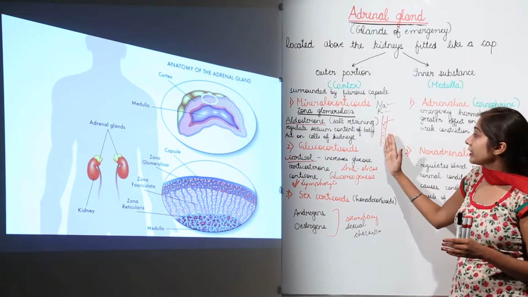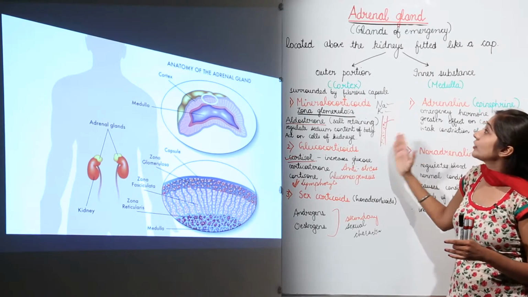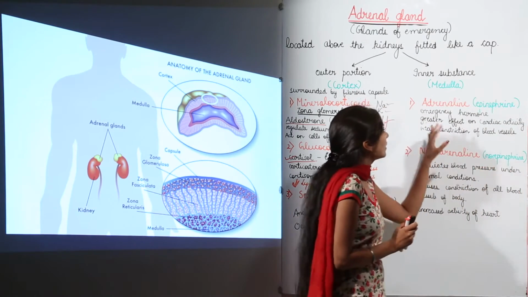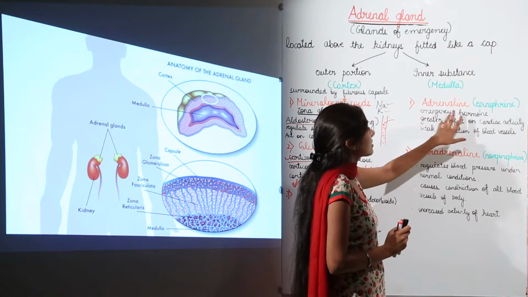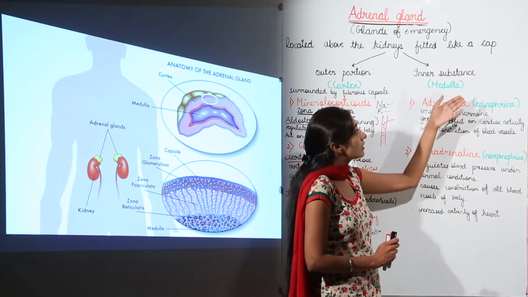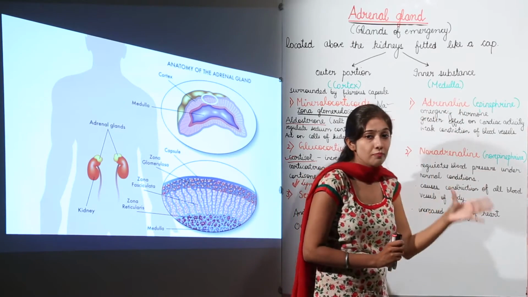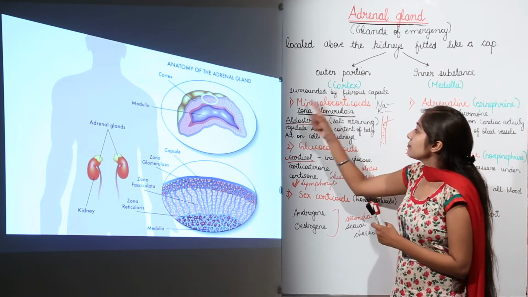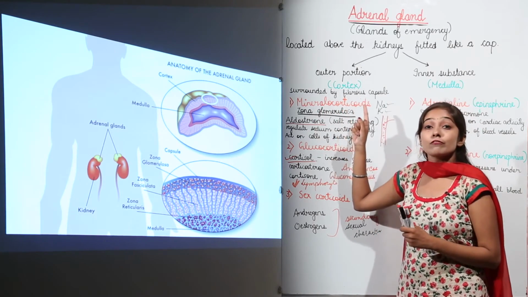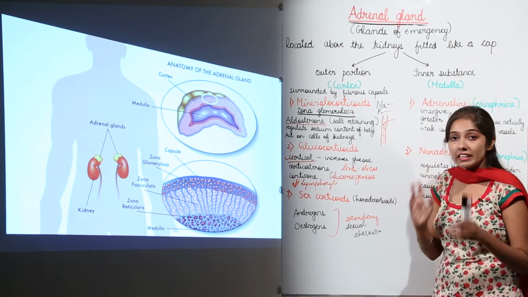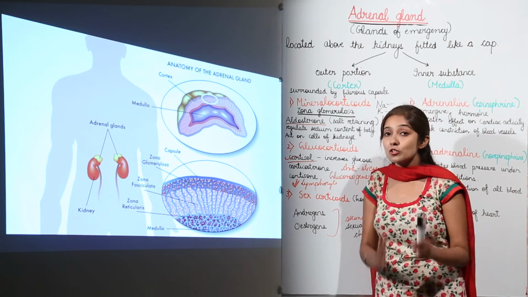Remember that this gland is known as the gland of emergency, and the emergency hormone is the adrenaline hormone, which is secreted by the adrenal medulla, right. Just remember the names, because just by remembering the names you can also make out the function or the action of these hormones inside our bodies when they are secreted.